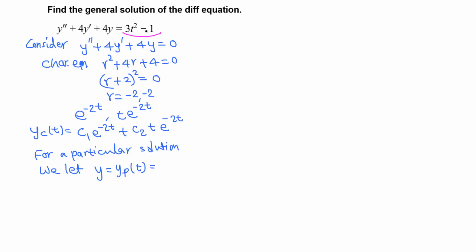This is second degree, so we need to write down a general second degree polynomial. Second degree means ax squared plus bx plus c type, but our variable is t, and we write uppercase A, B, C: At squared plus Bt plus C.